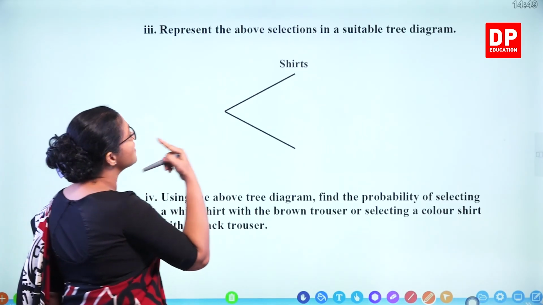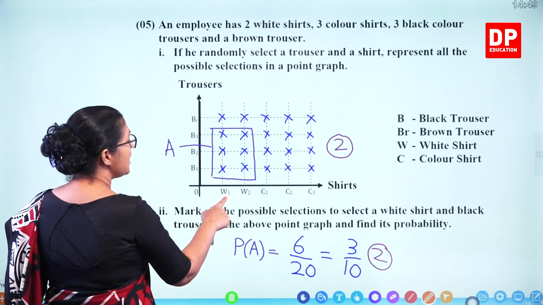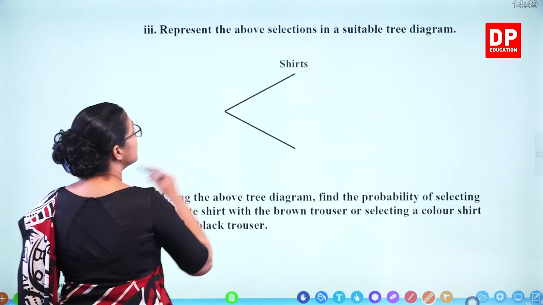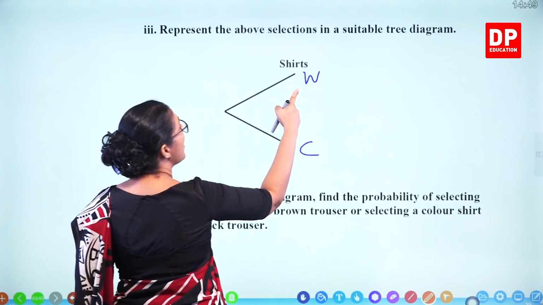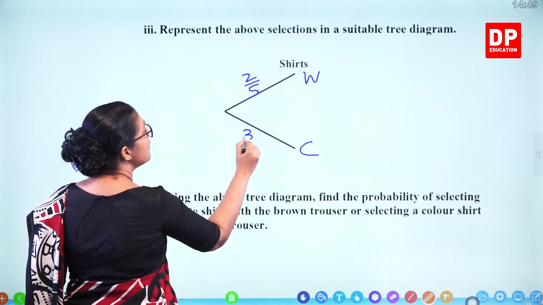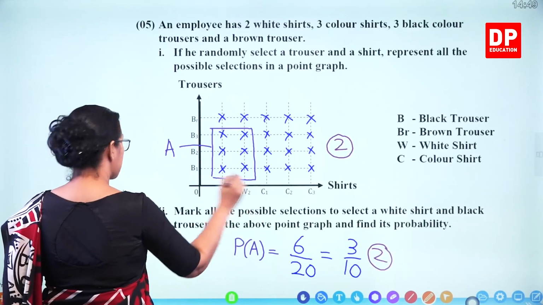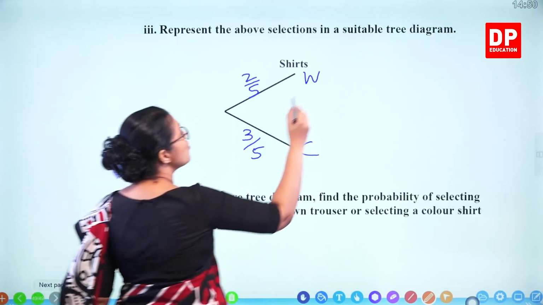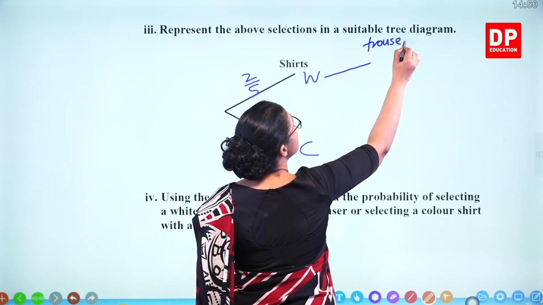When you take shirts, what are the colors? White and colored. So how many white ones? 2 out of 5, and 3 out of 5 colored ones.